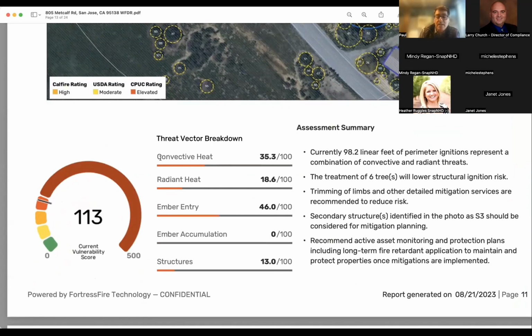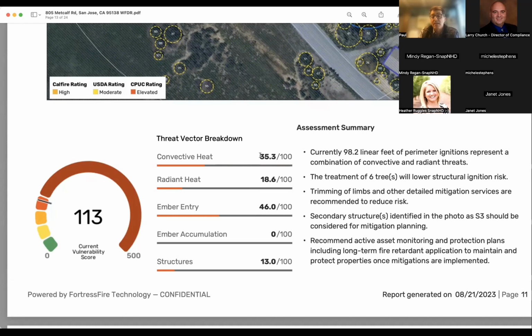And we look at this in 5 different threat vectors. So convective heat: are the fuel sources close enough that in a peak fire scenario, when everything's burning and you've got a peak wind condition, you will get flame touch? Any score in any of these threat vectors indicates that you've got ignition.